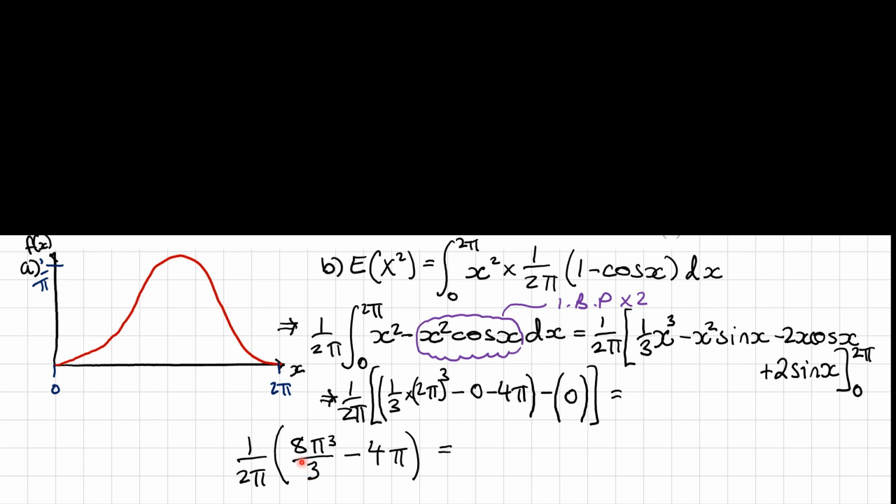If we divide this by 2 pi, we'll get 4 pi squared over 3. And if we divide this by 2 pi, 4 pi divided by 2 pi is just 2, so minus 2. So we get the result as required.